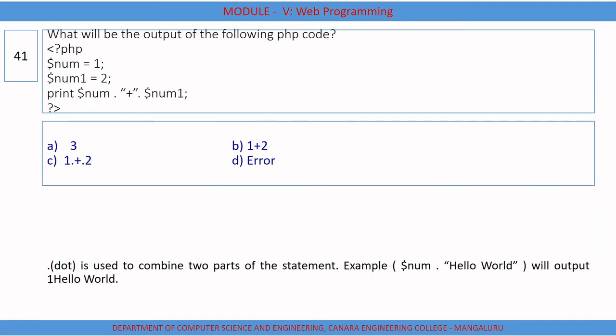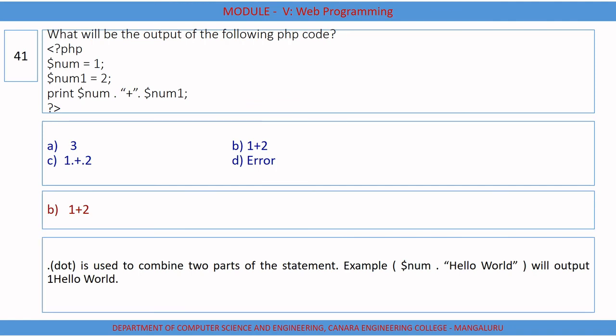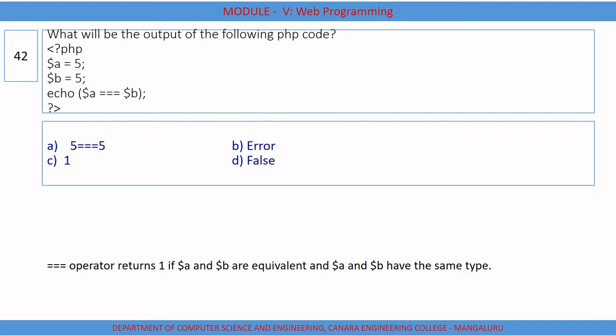What will be the output of the following PHP code? Answer is 1 plus 2, because here the plus is inside the double quotes, so it is not working as arithmetic addition, it is concatenating the value. What will be the output of this code? Triple equal to returns 1 if A and B are equal and have the same type.